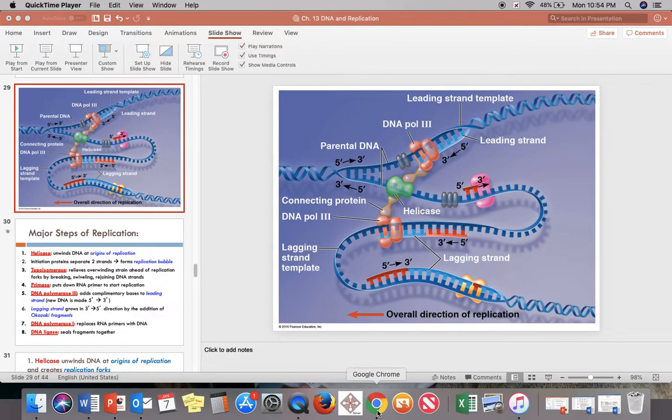So we'll add some more layers to this, but what I got from class today was that you guys really need a good review on DNA replication. That's not the meat and potatoes of the AP biology exam, though. What they're going to focus on is protein synthesis, the central dogma, DNA to RNA to protein. So that is where we have to spend the majority of our time.